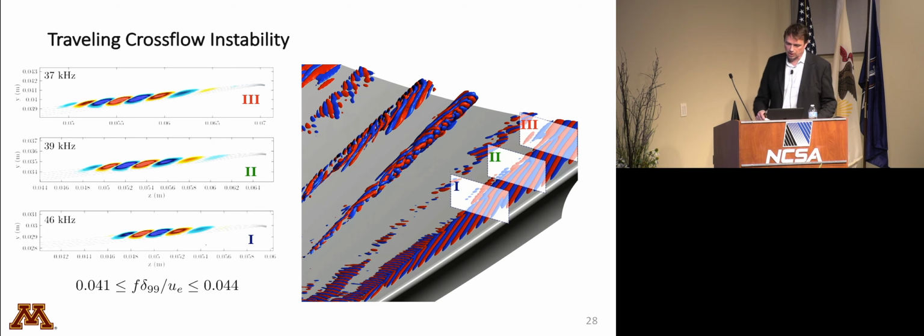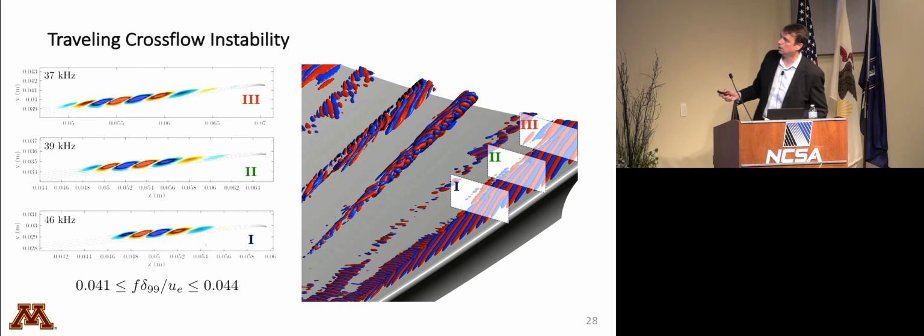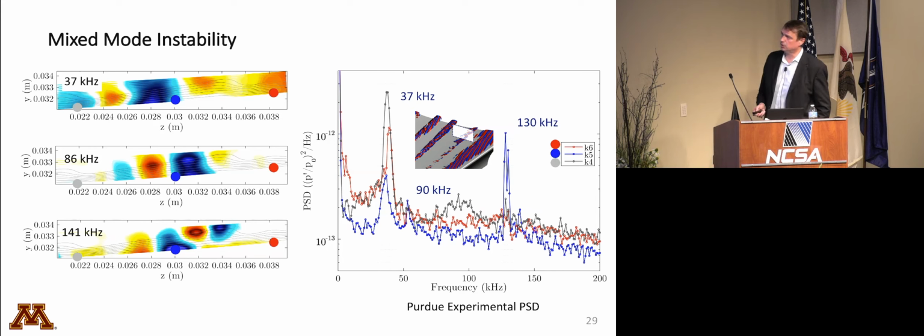We can also look at the crossflow, and that absolutely agrees. Sorry, mixed mode. Yeah, this agrees, I got out of sorts here. For the crossflow, we do the analysis, and we get these modes, and this has all the properties, the footprint of a crossflow. Mixed mode is actually very interesting.